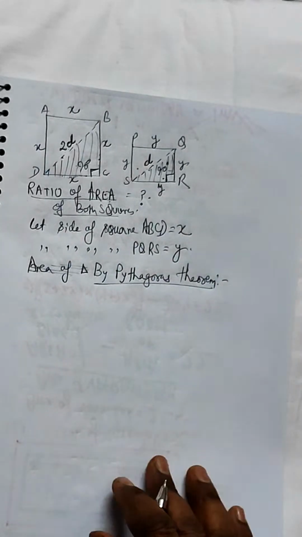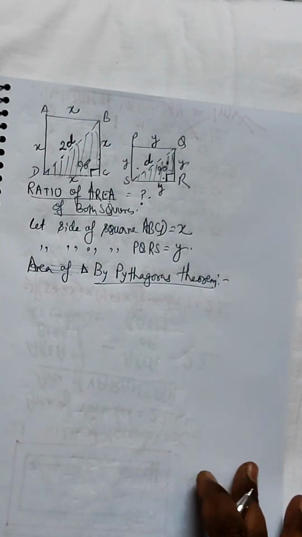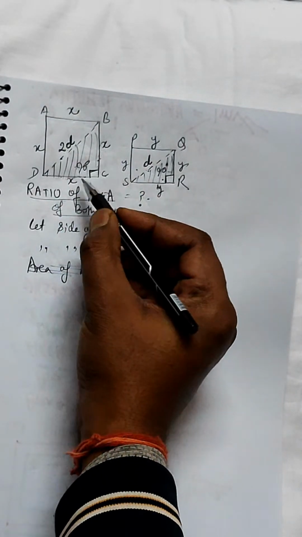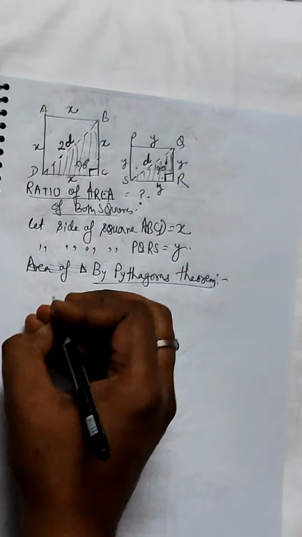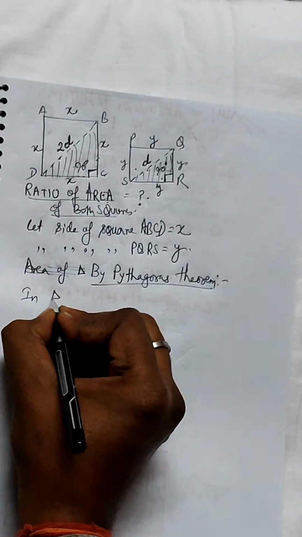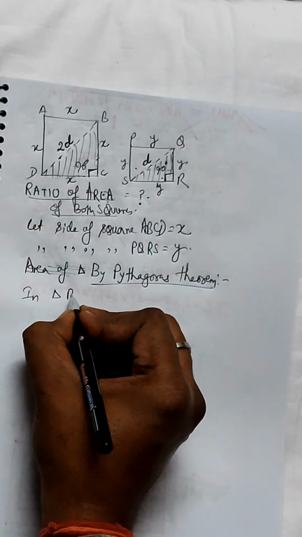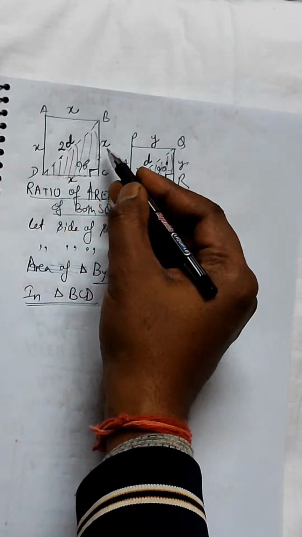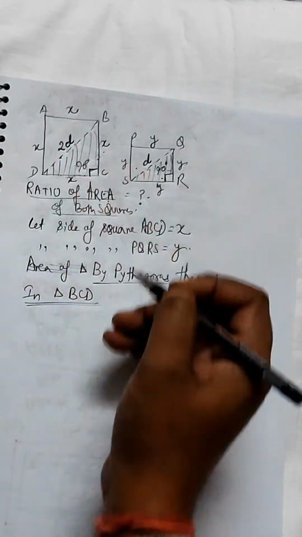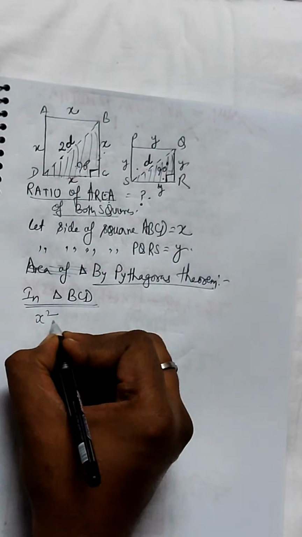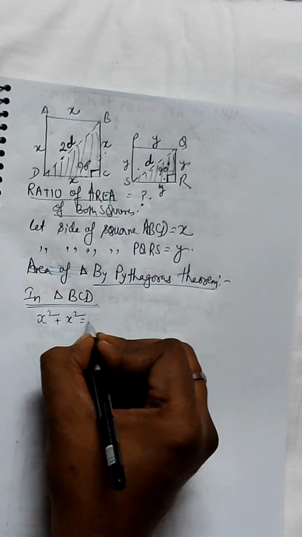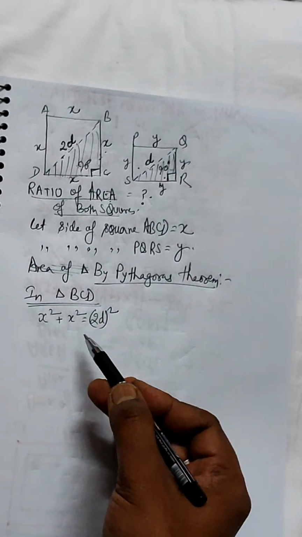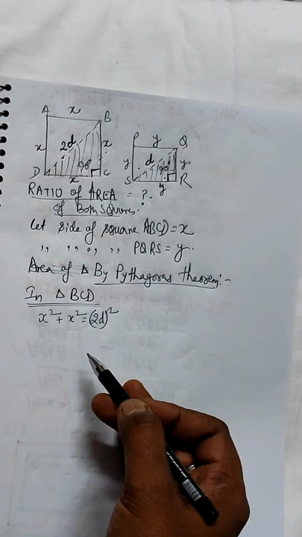What is Pythagoras theorem? You know that p square plus b square equals h square, where p is the perpendicular, b is the base, and h is the hypotenuse, right? So in triangle BCD, we can say that x square plus x square equals 2d whole square. It's simple Pythagoras, right?